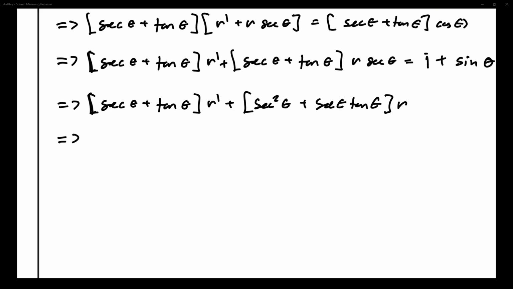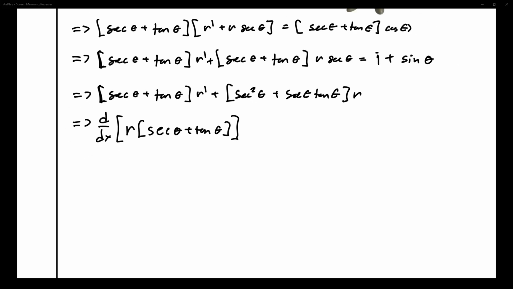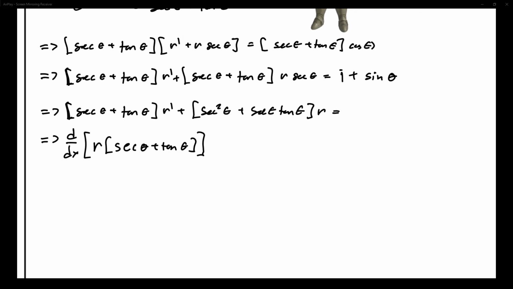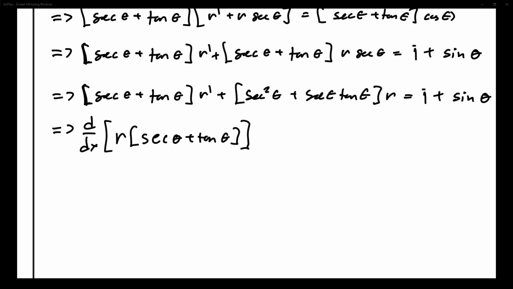Now, believe it or not, this is equal to the derivative of r times our integrating factor, secant theta plus tangent theta, by the product rule. When you do the product rule, you're doing first times the derivative of the second plus second times the derivative of the first.